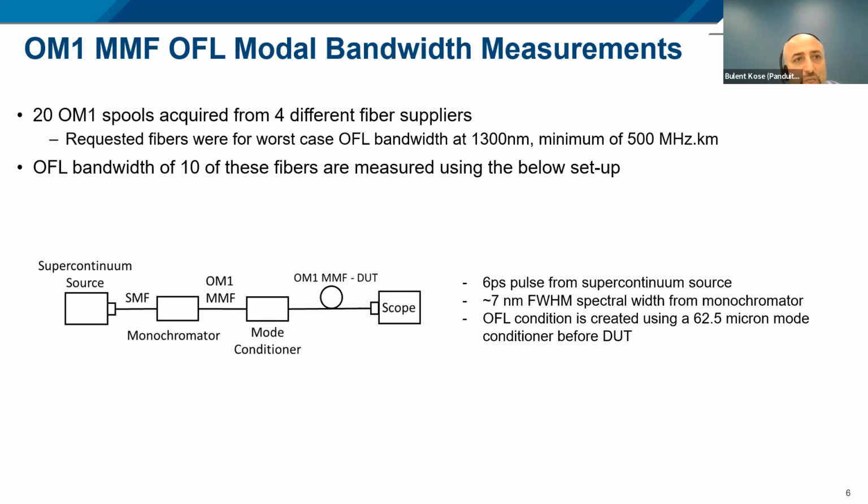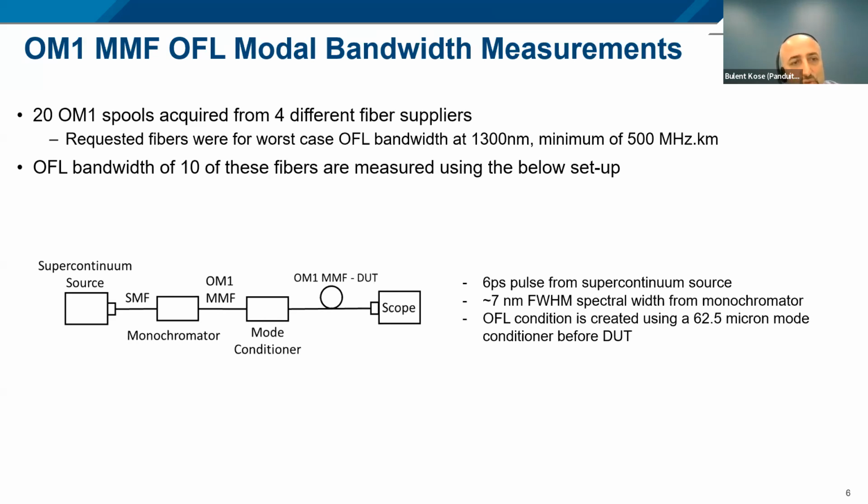We got about 20 OM1 spools from a couple of different vendors. These were requested to be worst case at 1300 nanometers, which is by standard a minimum of 500 megahertz kilometer overfill bandwidth. We measured 10 of these fibers using the setup that I show here.